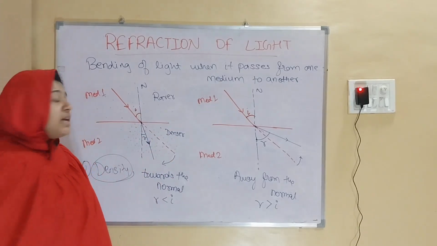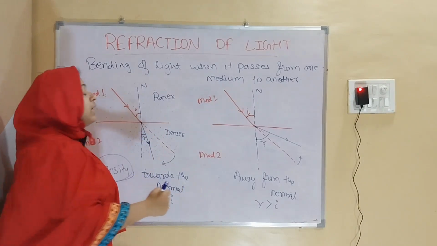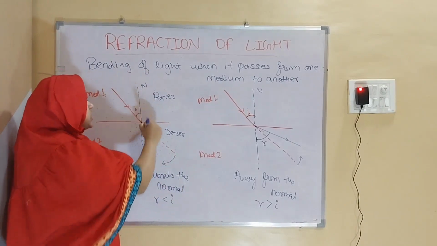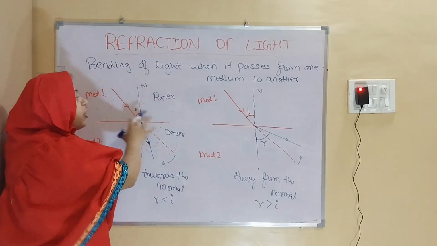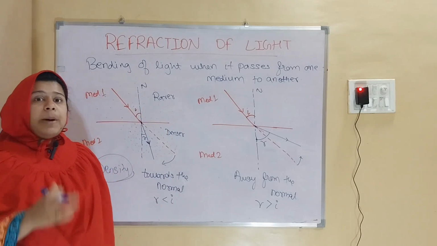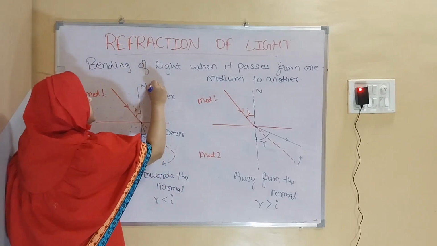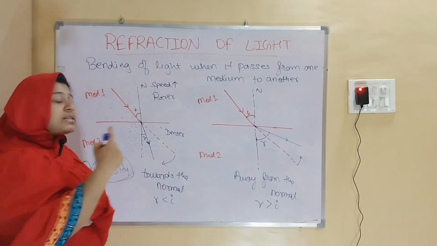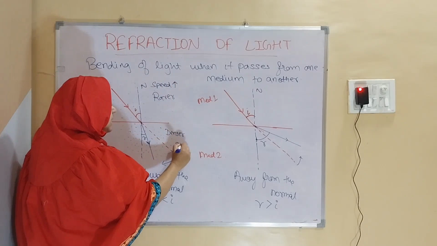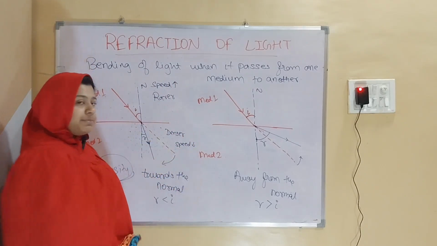Now what happens that in a rarer medium, light की जो speed है वो ज्यादा है. क्यों? Because the light gets a lot of space to move, क्योंकि particles बहुत दूर है. So the speed of light in a rarer medium is more as compared to the speed of light in a denser medium.